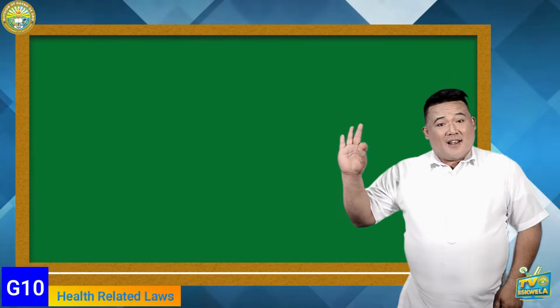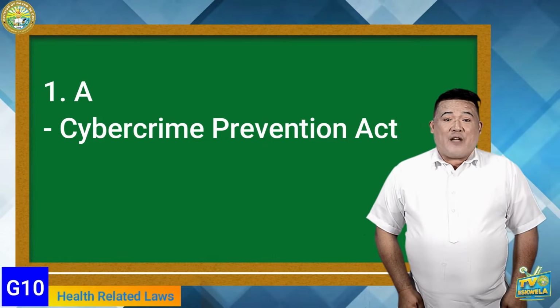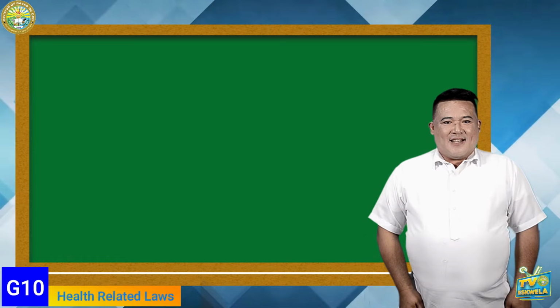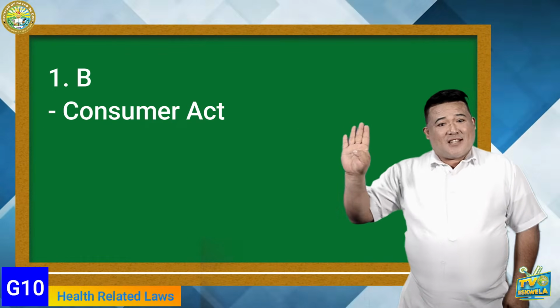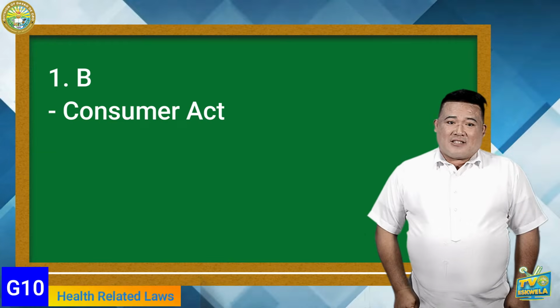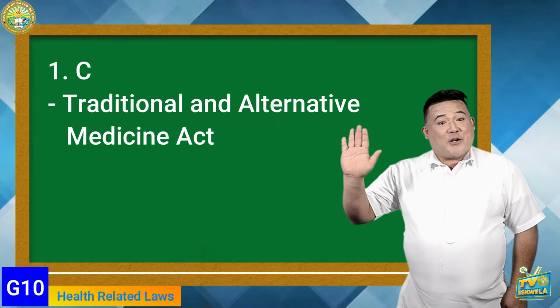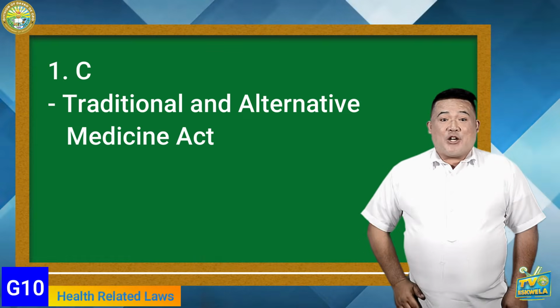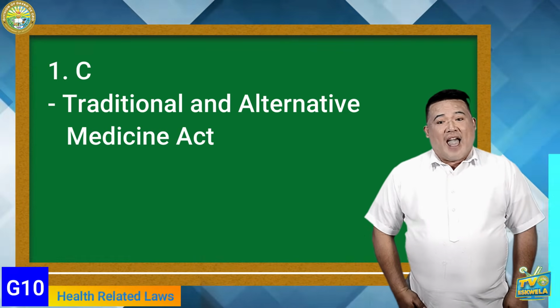Number 3, letter A. Cybercrime Prevention Act. Number 4, letter B. Correct. Consumer Act. And number 5, letter C. You're right, Traditional and Alternative Medicine Act.